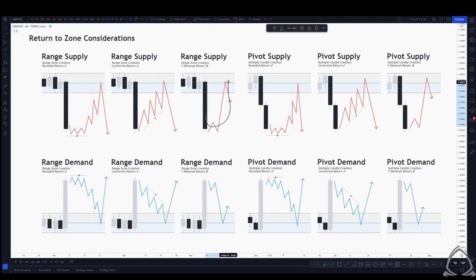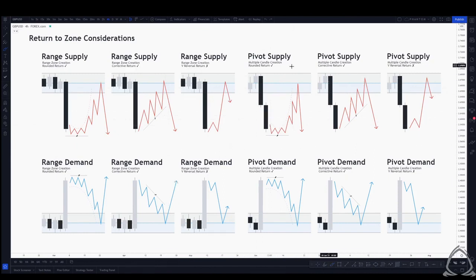This one is a very rapid return back into that supply zone, which shows that there is not really an imbalance in supply and demand favoring supply. This is showing that supply and demand are very much balanced at this point, and it's better to wait for some sort of other criteria to look for a trade if you're looking at it in that respect.